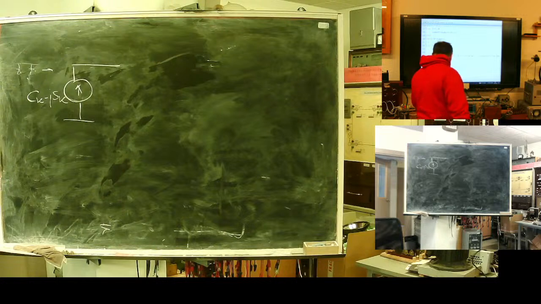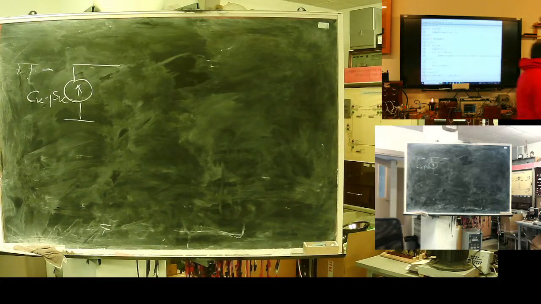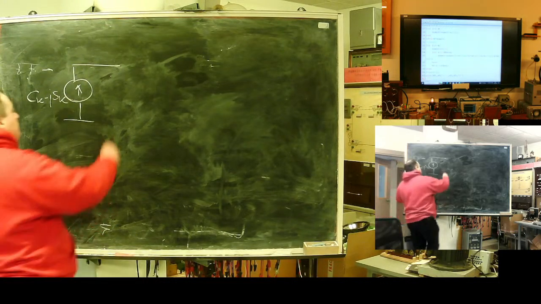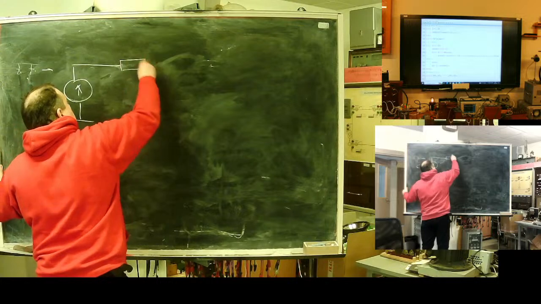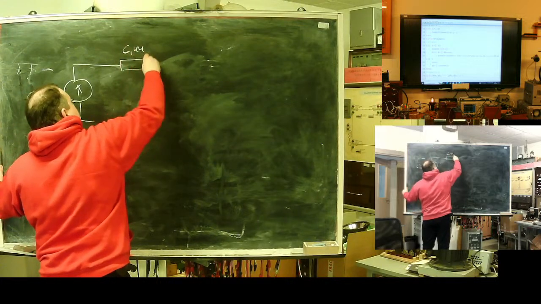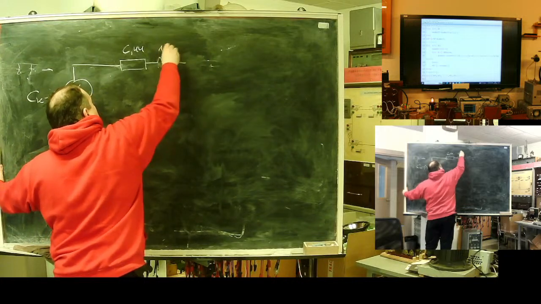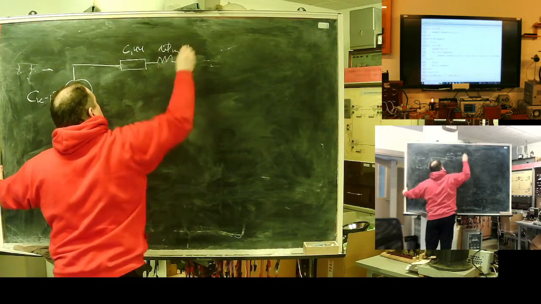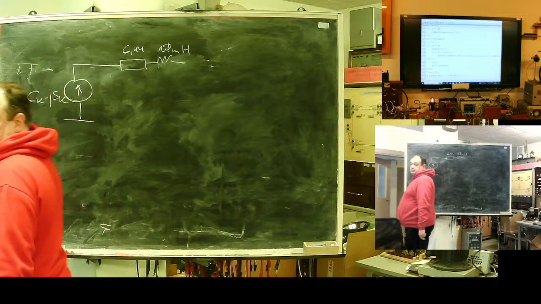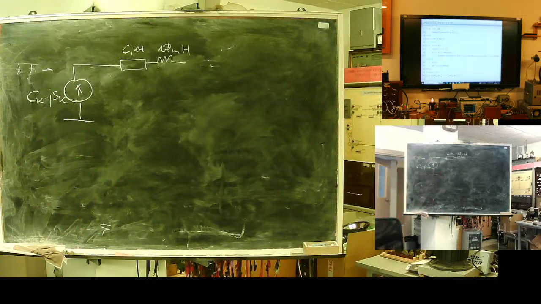Next one, what I got? Coil 10 millihenries, 6.44 ohms. And 10 millihenry coil. Here, next one, this nice capacitor 10 microfarads.